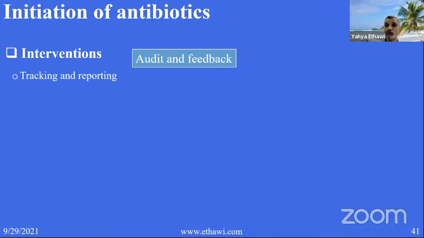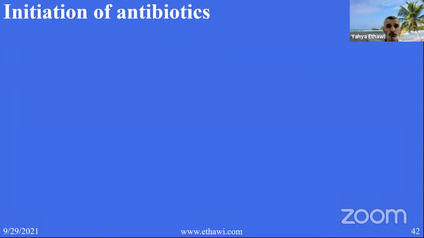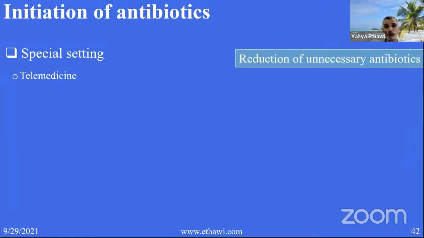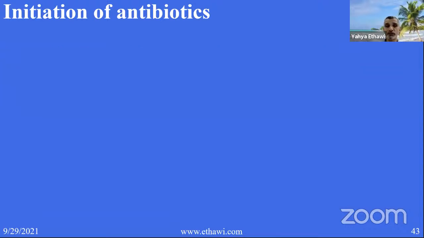We give audit and feedback to the doctor prescribing the medication. We use appropriate diagnostic criteria for different diseases. In a special setting, we can use telemedicine, such as contacting an experienced person to help you decide. We find that with telemedicine, you reduce unnecessary antibiotics.